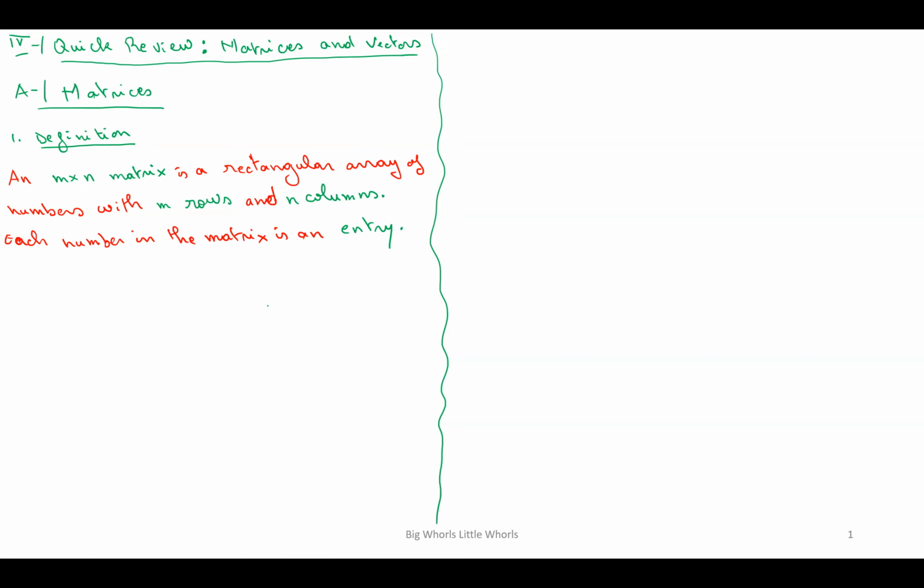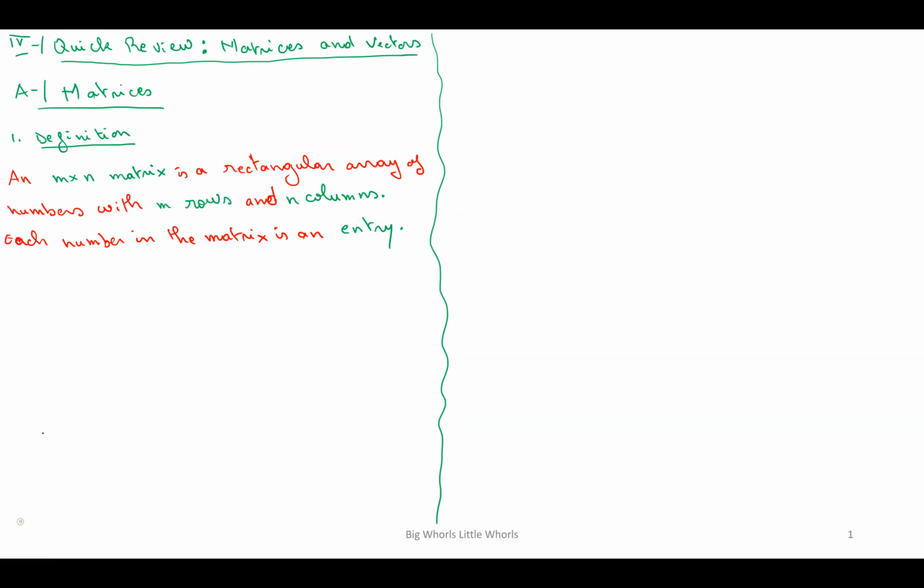Let's see the last concept. A matrix is usually denoted with an uppercase Roman letter. We normally write an uppercase Roman letter to denote the matrix.